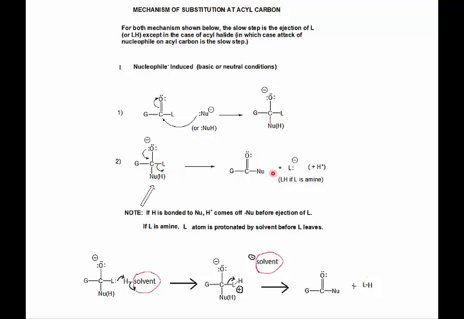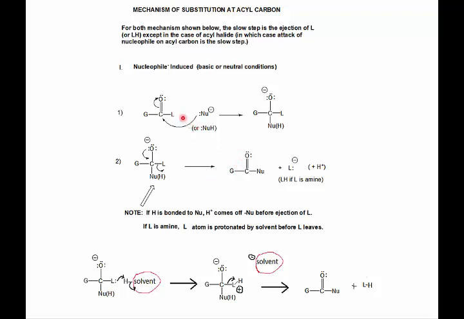All right. Now, we ask, what is the rate determining step? The answer is, well, for the vast majority of substrates, that includes carboxylic acids, where this would be an OH, or the other derivatives, the slow step is number 2, the ejection of the leaving group. But there's an exception.